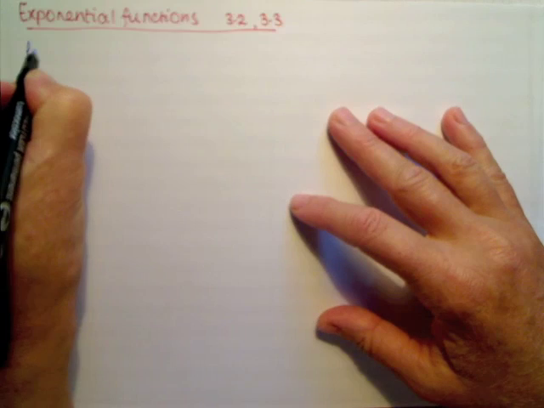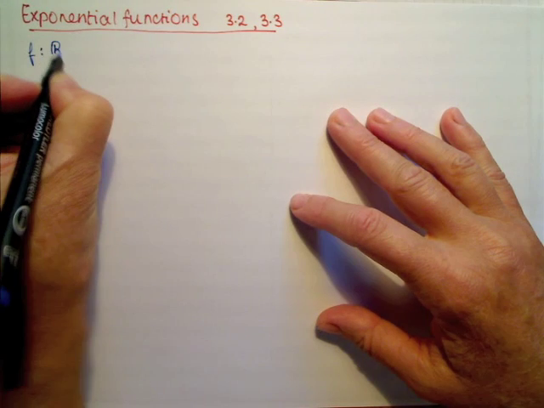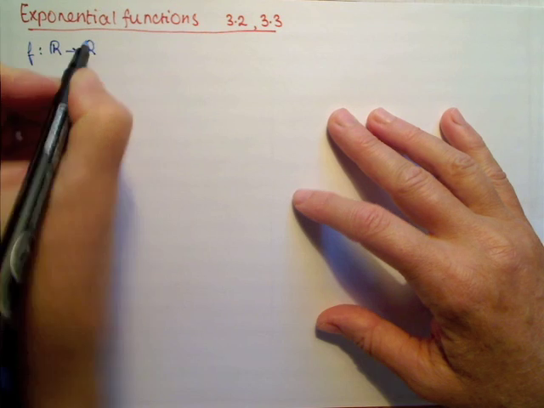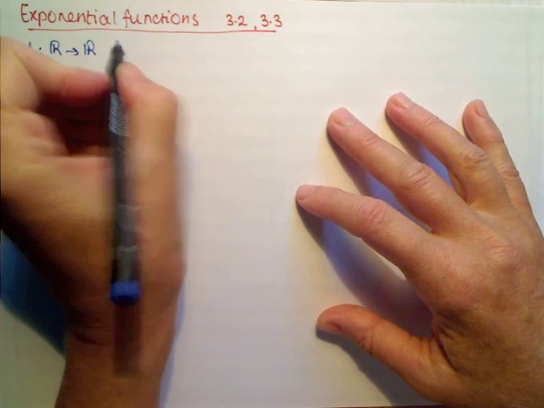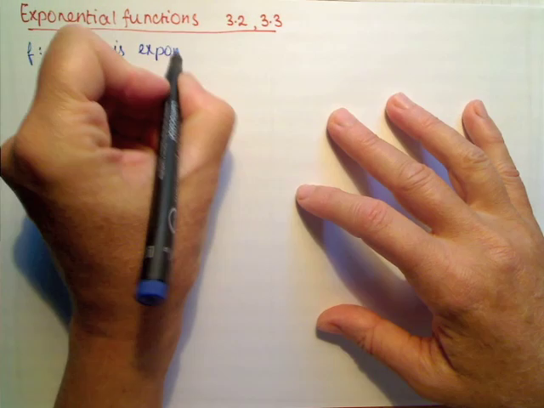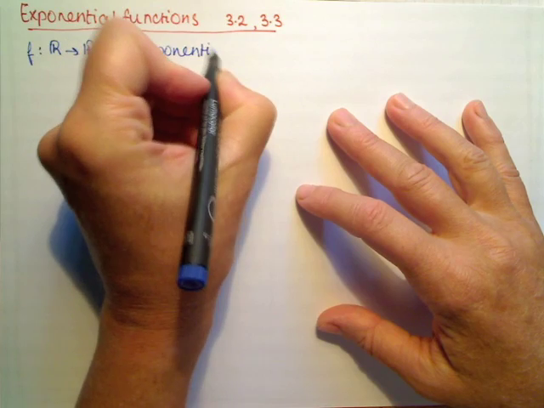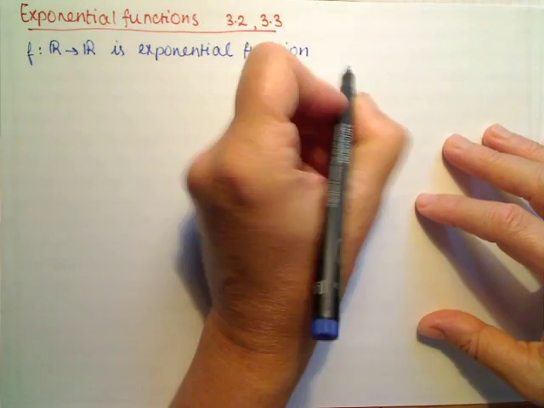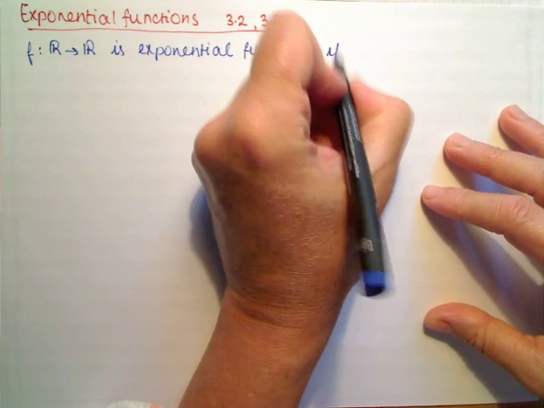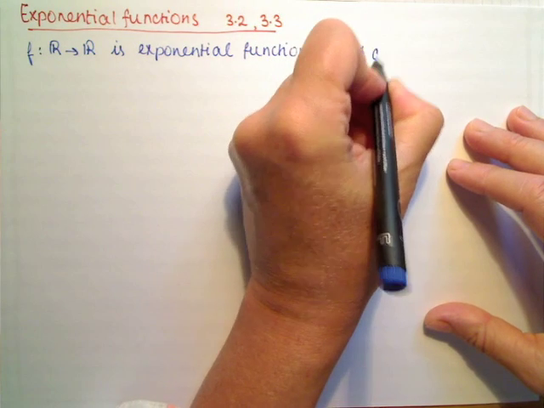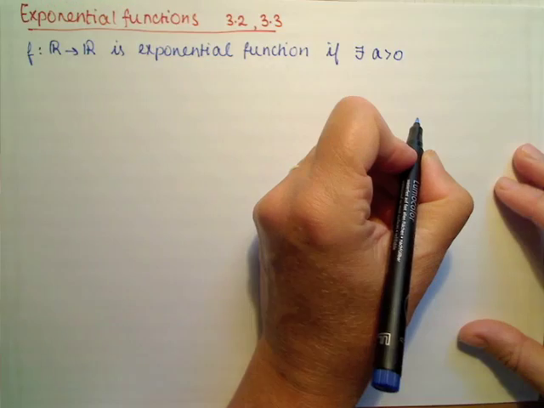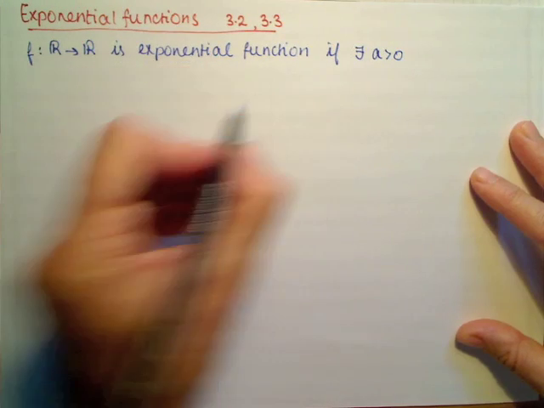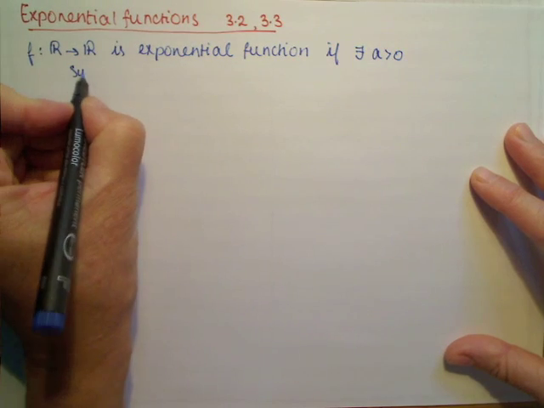The function f defined on the set of reals with values in the reals is called an exponential function if there exists a positive number a such that the following holds.